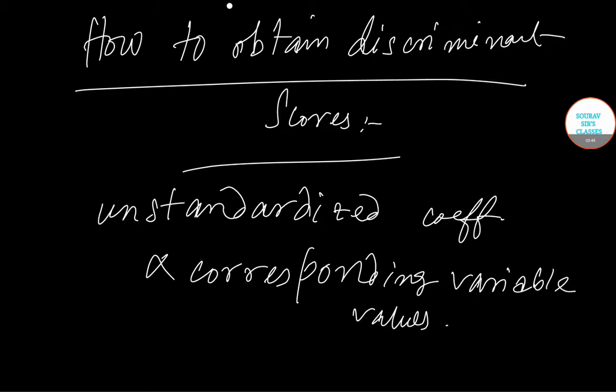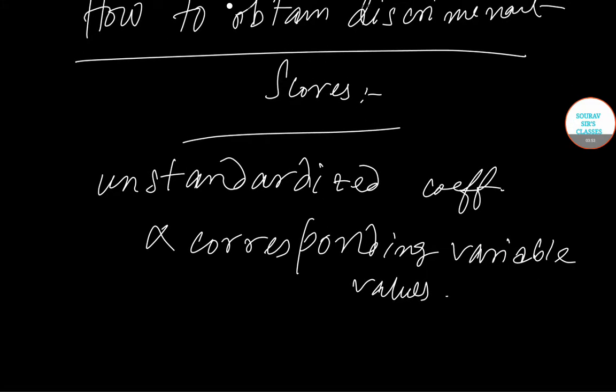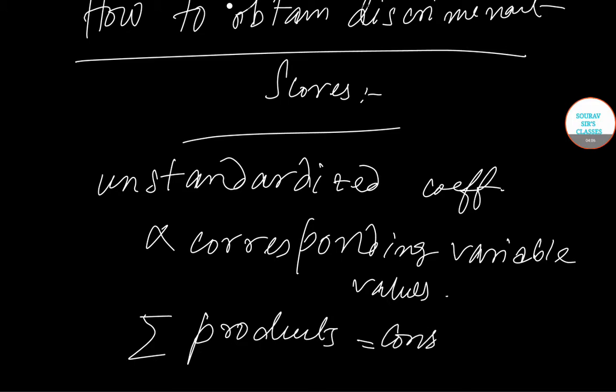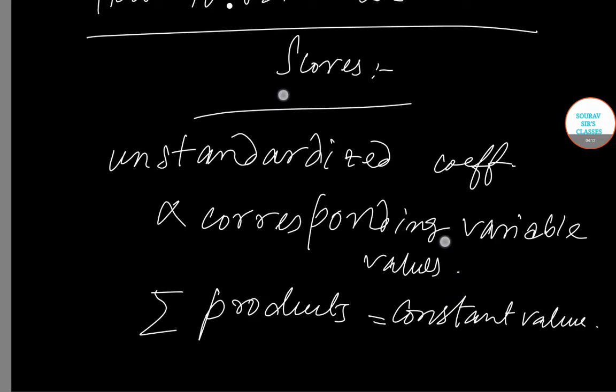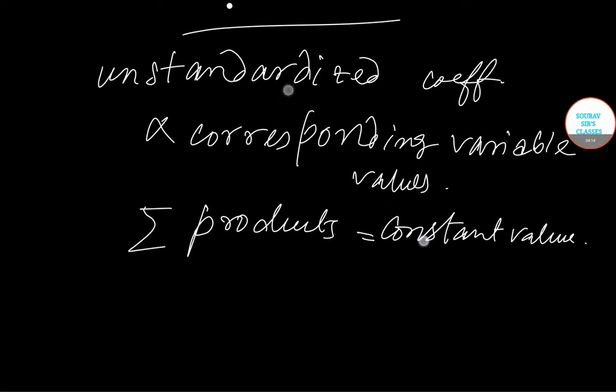The sum of these products results in a constant value termed as the discriminant score. For each group member, we will get a separate value of discriminant score.